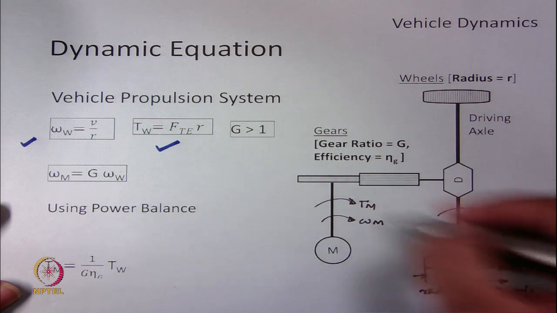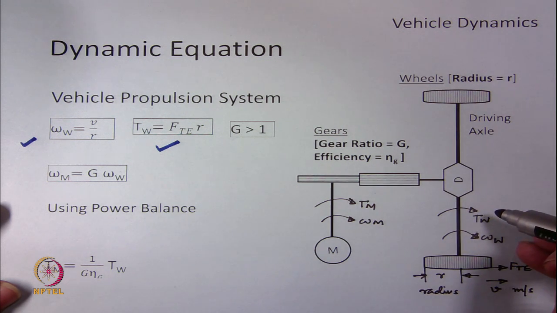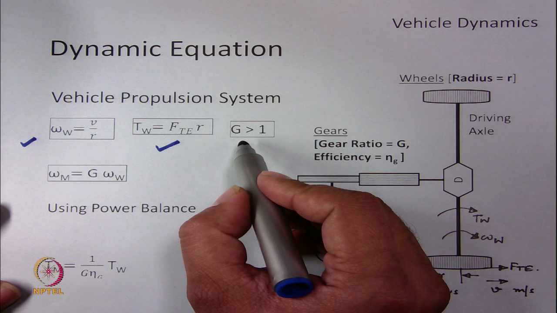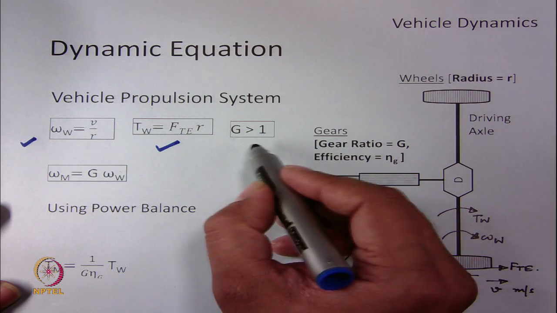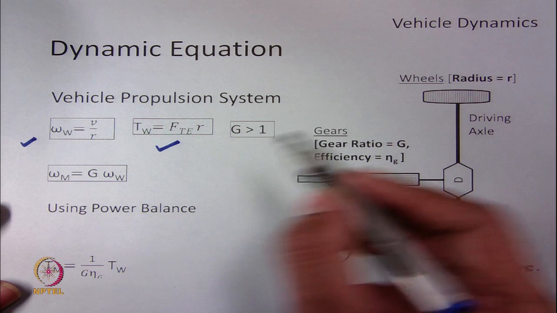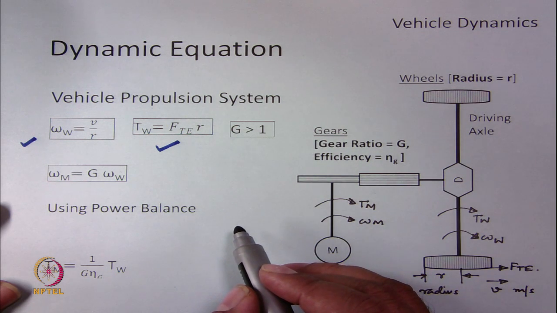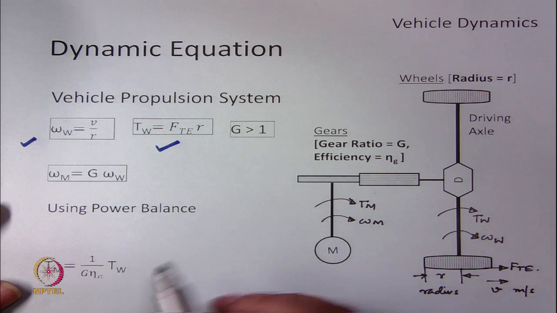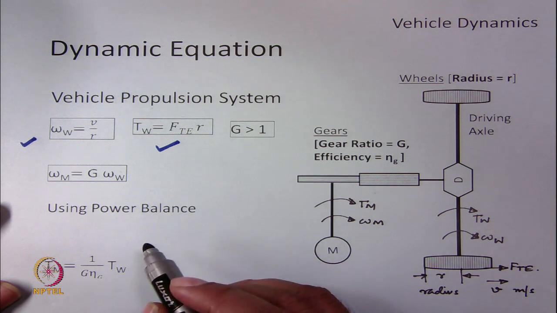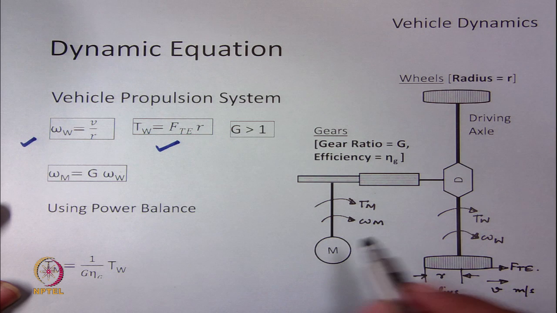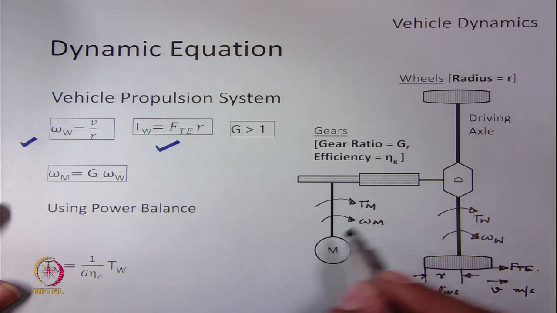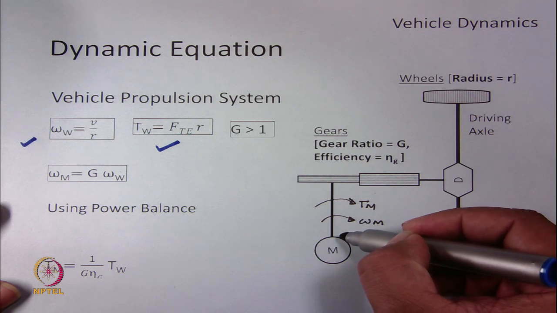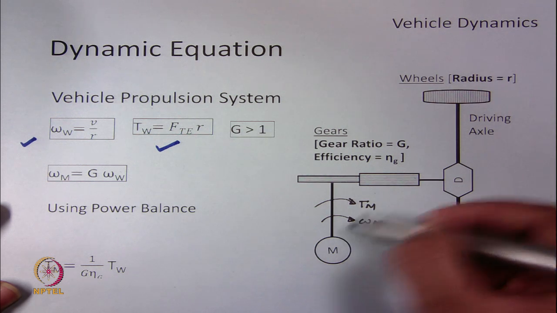In a typical electric vehicle, the gear ratio is normally taken as greater than 1. It will be in the range of 8 to 10 in most cases. We can also find the angular velocity of the shaft of the electrical motor using the gear ratio.